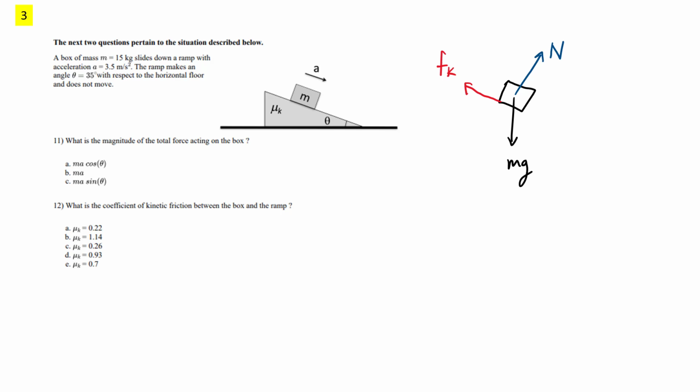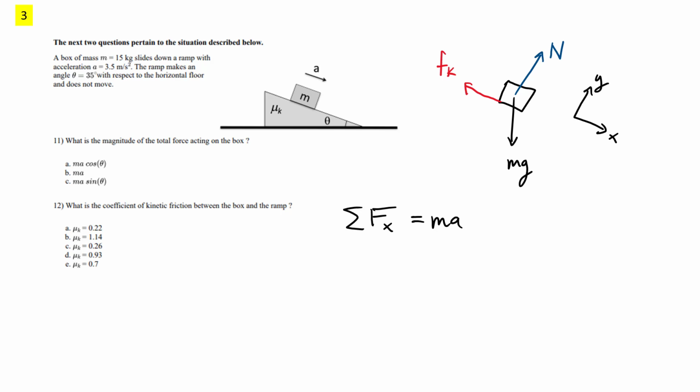Now, if it's sliding down the ramp, I would probably choose a coordinate system that looks like this. So what does it mean if it's accelerating down the ramp? It means if I add all the forces in that x direction, which I'm showing going down the ramp, that must be equal to ma. So what are the forces acting in that x direction?